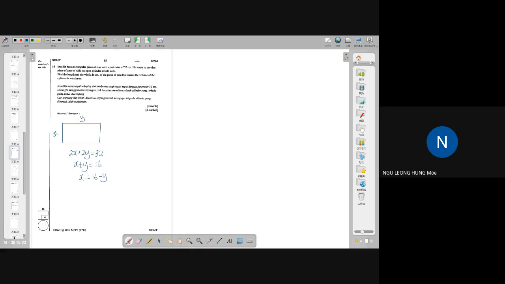Okay, then he wants to use that piece of zinc to build an open cylinder, both ends open. Kalau kita ada rectangular macam kertas A4, A4 paper kamu roll dia macam cylinder.